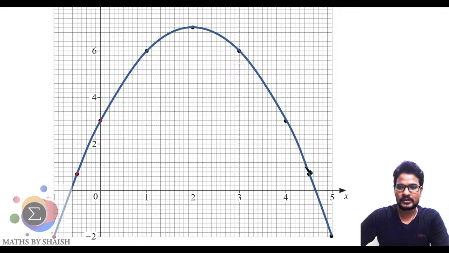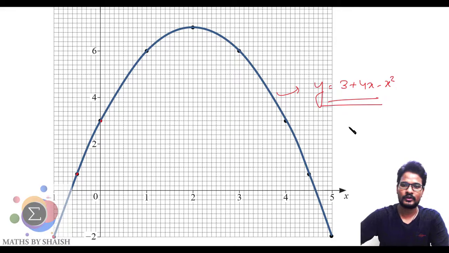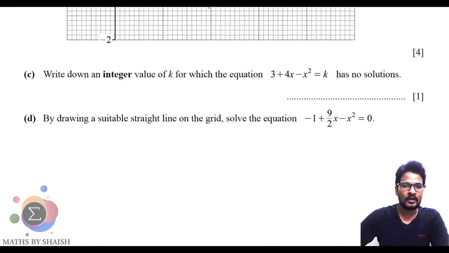So we will mark these points, and I have drawn it with the help of software. So actually we need to join these points which we have just got from the first part by the smooth curve, so that we get this curve as y equals 3 plus 4x minus x square, and that is how we draw the graph.